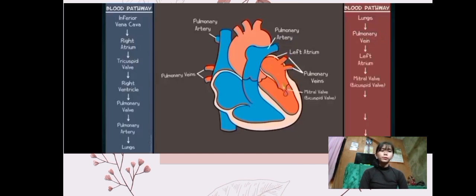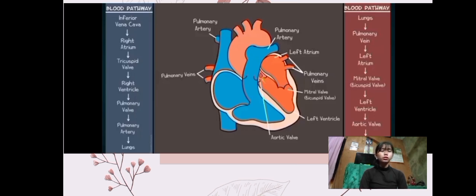The left atrium contracts and the blood travels through the mitral valve, also known as the bicuspid valve, into the left ventricle. The left ventricle contracts and pumps the blood through the aortic valve and out a major artery known as the aorta.